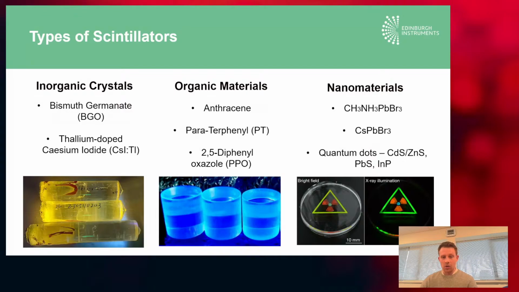There's also another class, which is becoming increasingly important and is becoming the next generation of scintillator detectors, which are nanomaterials. So this includes things such as perovskites and quantum dots, such as cadmium selenide and lead sulfides. So things with quite high molecular weights to absorb X-rays.